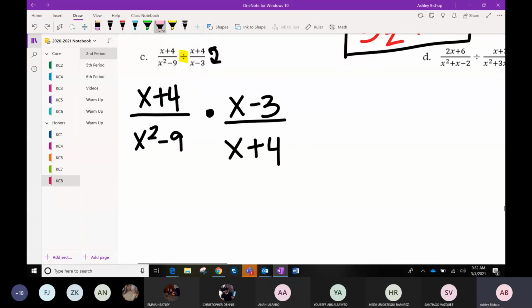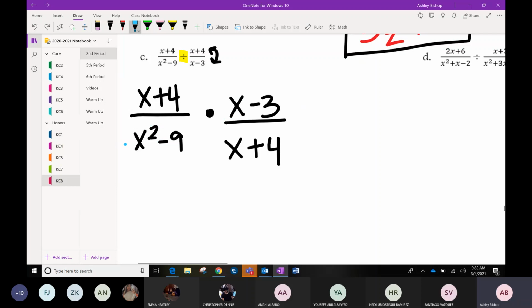Alrighty, so this is a difference of 2 squares problem. I have 2 things where the first thing is an x squared. So some of you are like, well, why does this not factor, but this one does? The first term has to be an x squared in order for it to factor. Anytime you have just x plus or minus a number, it doesn't factor.